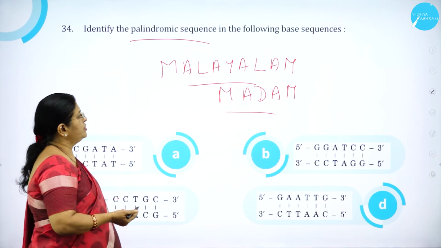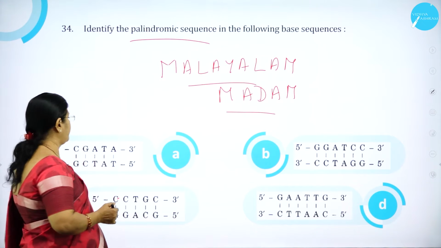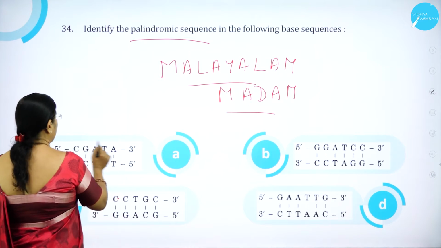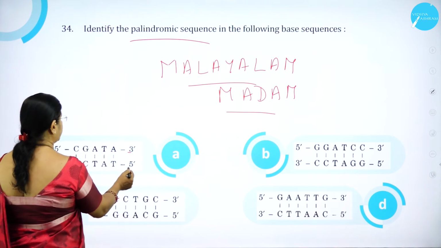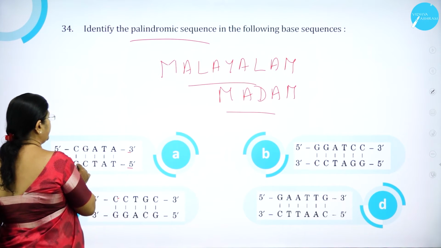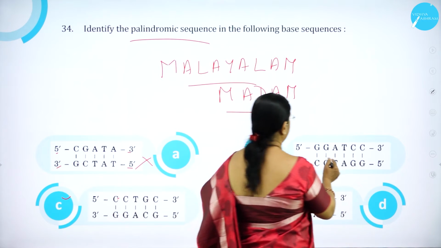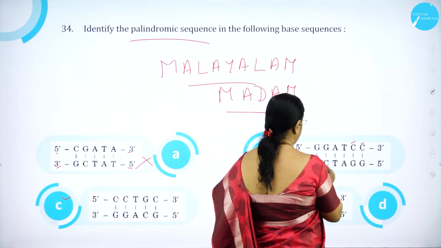So when you read from both the sides, it means the same. Among the four options, which has the palindromic sequence? You go to the first option, 5 dash 3 dash. Here it is 3 dash 5 dash. So A first should be AT. Here it is GC, so it is wrong. Go for here. CC, here also CC.